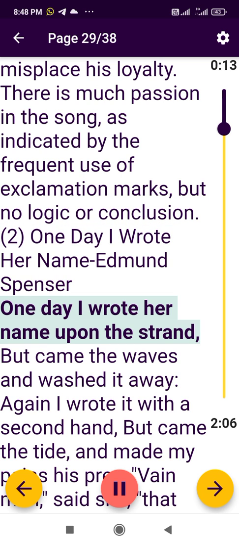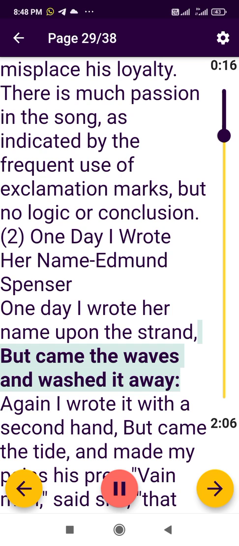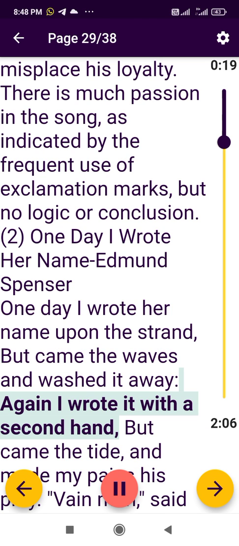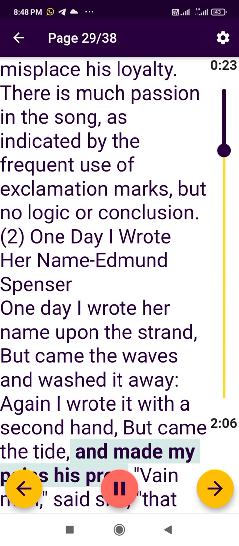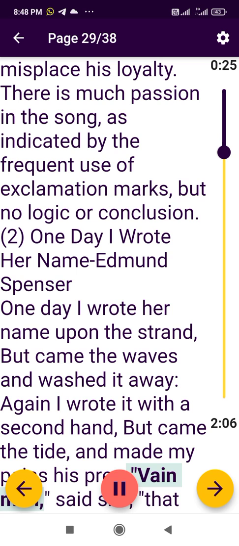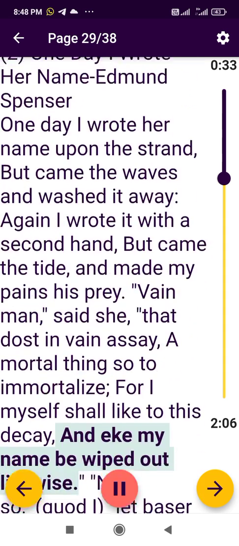Two. One day I wrote her name, Edmund Spencer. One day I wrote her name upon the strand, but came the waves, and washed it away. Again I wrote it with a second hand, but came the tide, and made my pens his prey. Vain man, said she, that dost in vain assay, a mortal being so to immortalize. For I myself shall like to this decay, and eke my name be wiped out likewise.